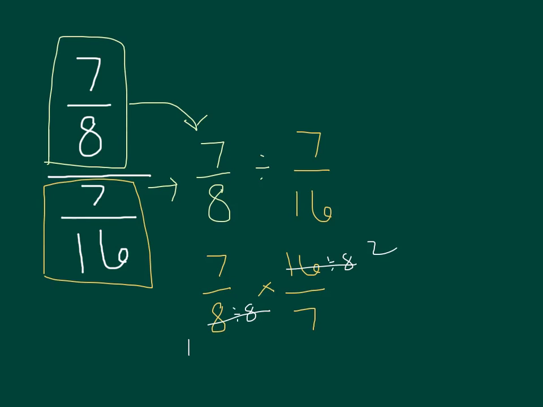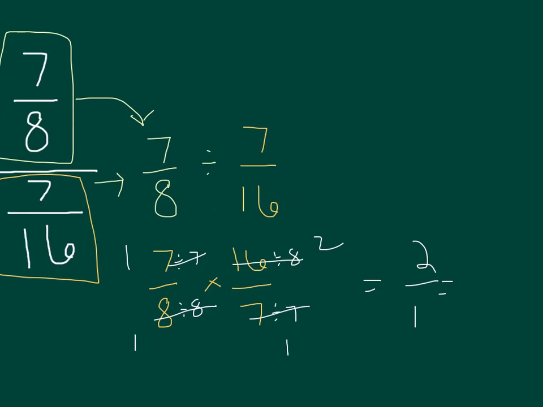Now the other way, 7 and 7 share a common factor of 7, so they cancel each other out and become 1. So now I have 1 times 2 and 1 times 1, which is 2/1, which is just 2.